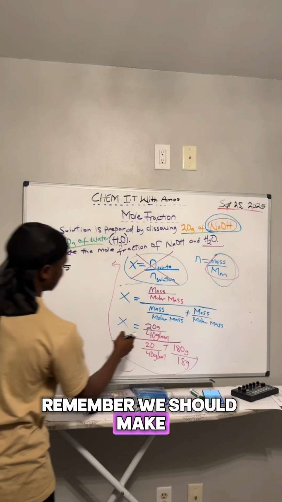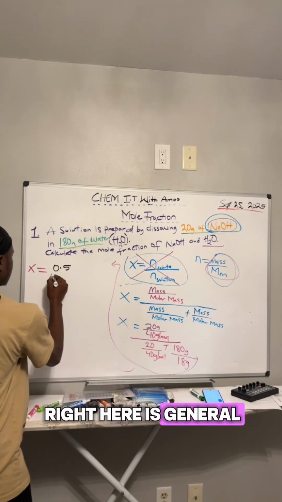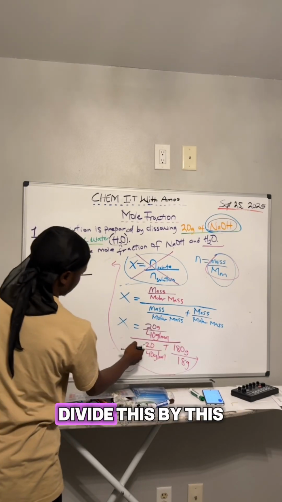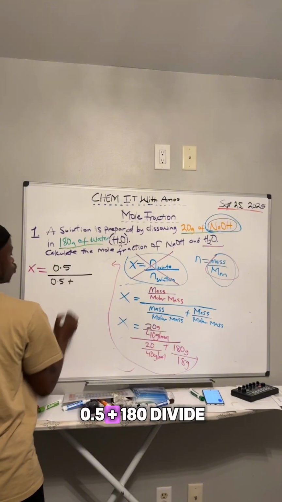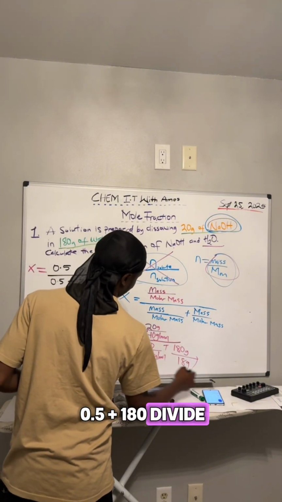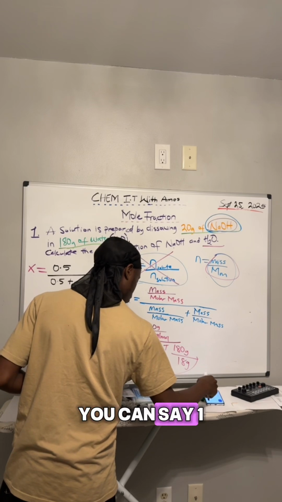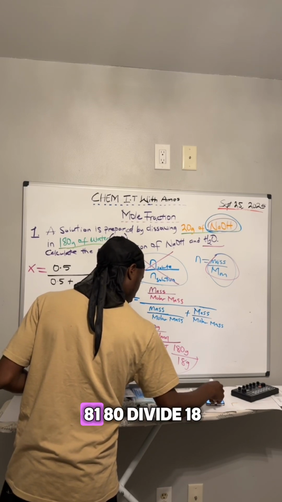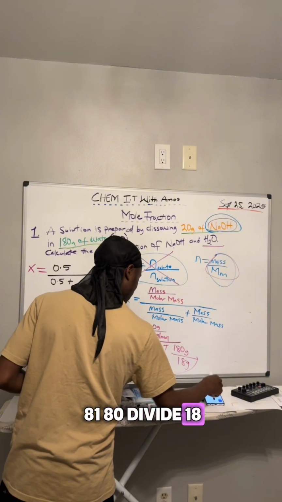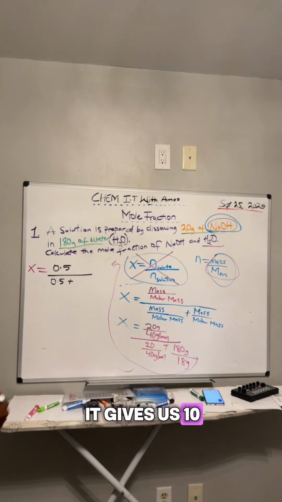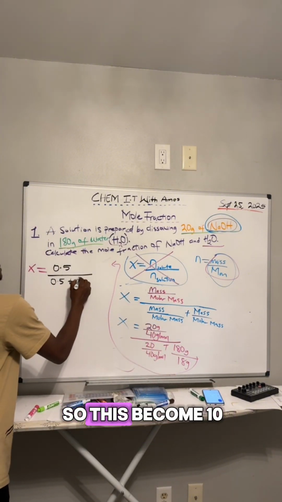Remember, we should maintain this division sign right here. It's general. We divide this by this, the same figure is 0.5 plus 180 divided by 18. You can say 180 divided by 18. It gives us 10. So this becomes 10.